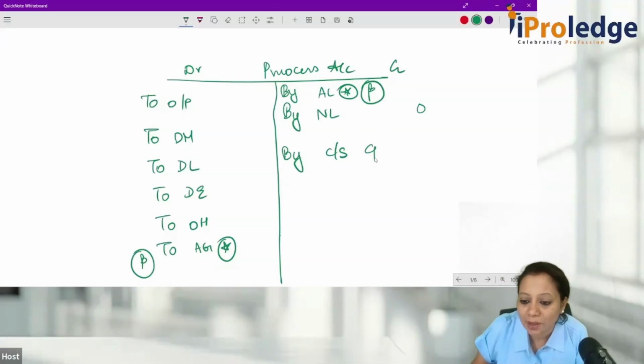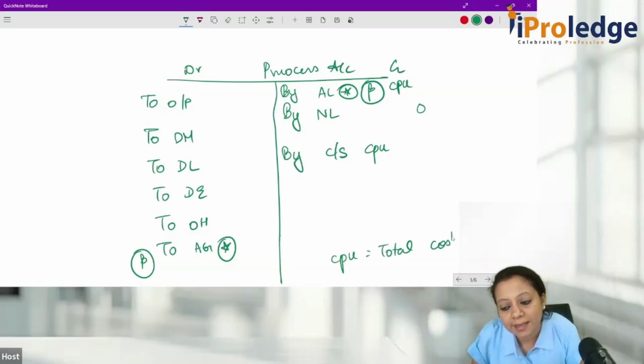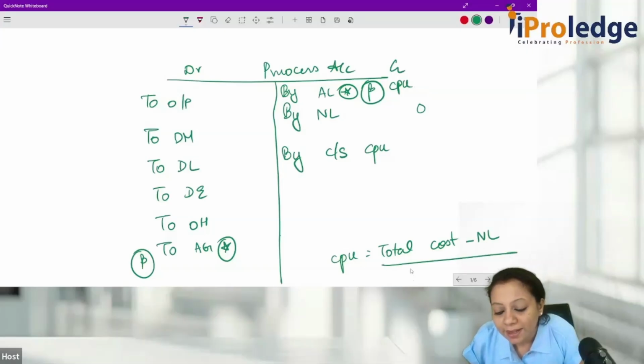Then for this cost per unit and this also cost per unit, what is the formula for cost per unit? It will be total cost minus normal loss cost divided by total number of units minus normal loss units. I hope everybody is able to remember this, right, students?